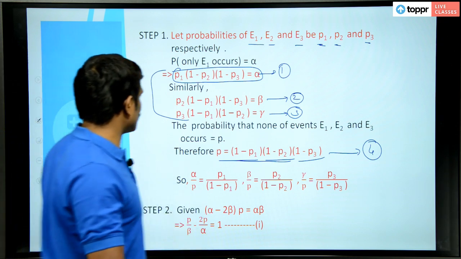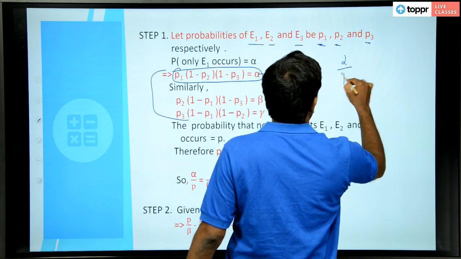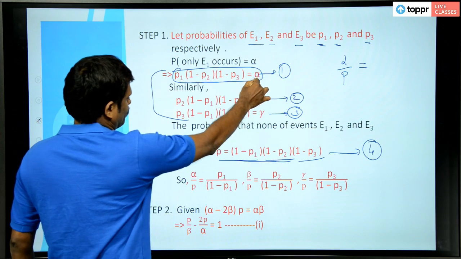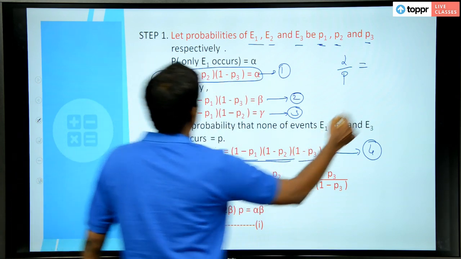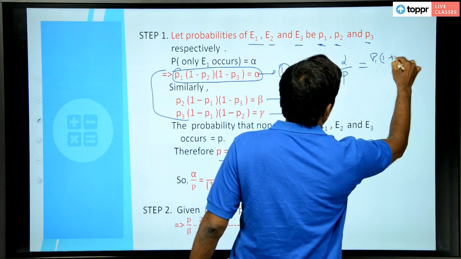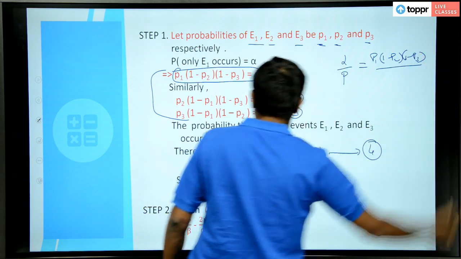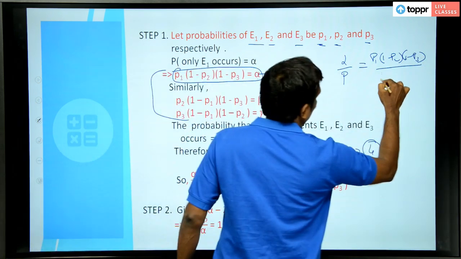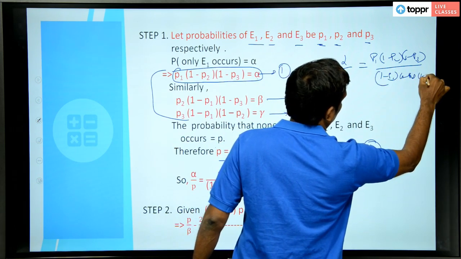Let me divide 1 and show it to you if you want. So, alpha by P, alpha by P, this entire thing divided by this entire thing, right. So, P1 times 1 minus P2 times 1 minus P3 by these values 1 minus P1, 1 minus P2 and 1 minus P3.